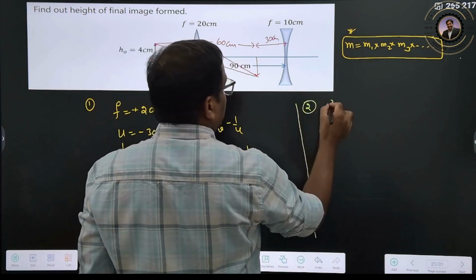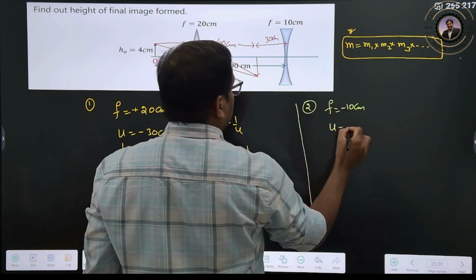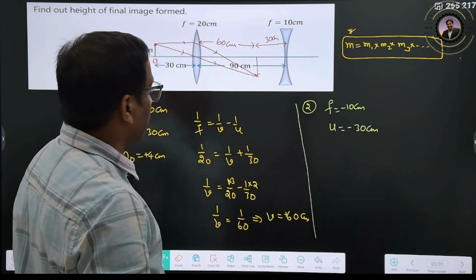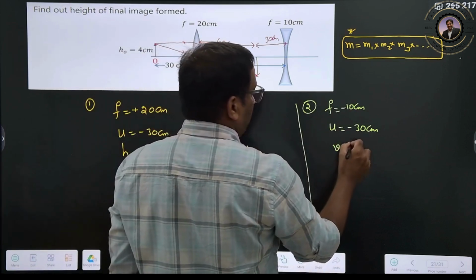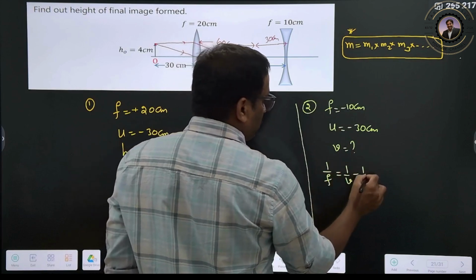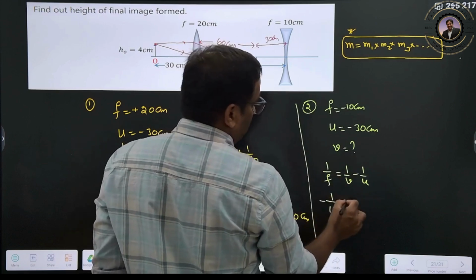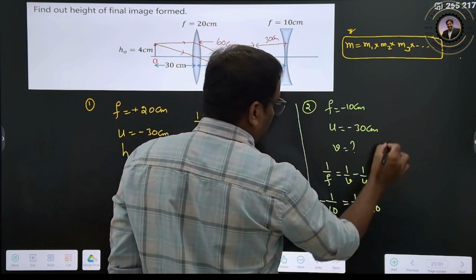Now for the second lens, the focal length is given as how much? Minus 10 centimeter, concave. Object distance is minus 30 centimeter. We want to calculate the final image distance. Again apply the formula, 1 by f is equal to 1 by v minus 1 by u, so minus 1 by 10 is equal to 1 by v minus of minus, plus 1 by 30.